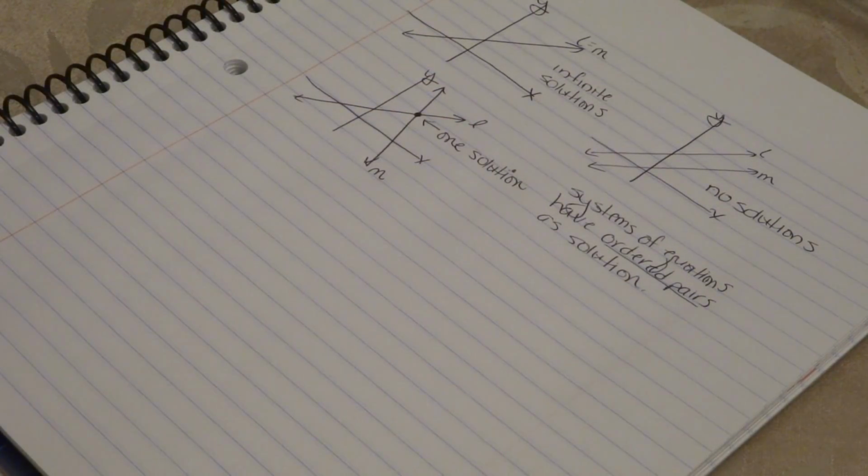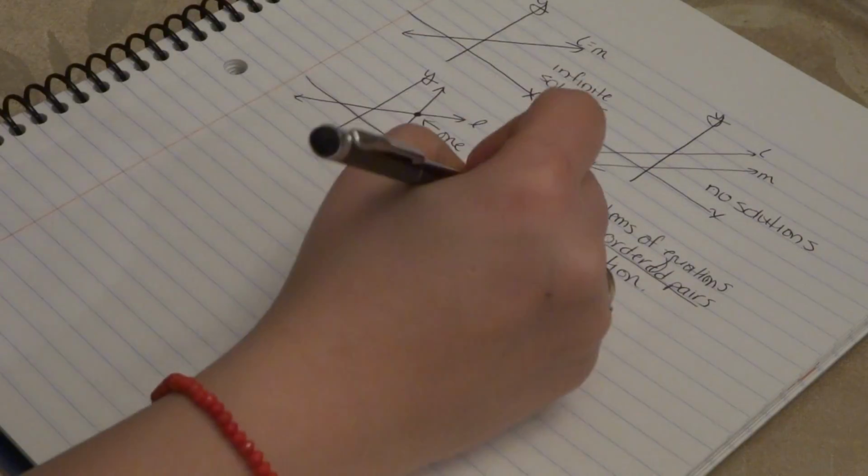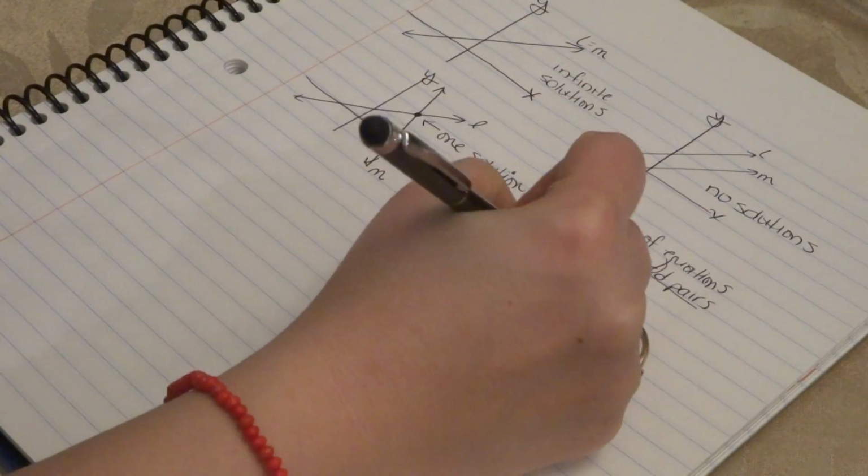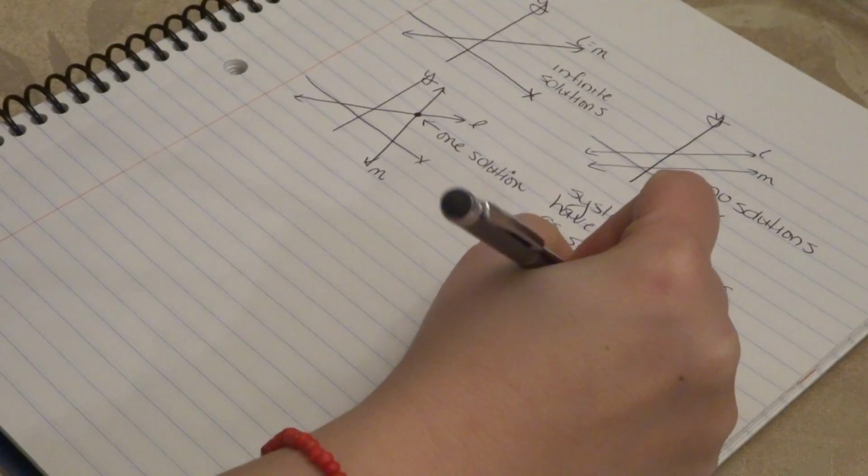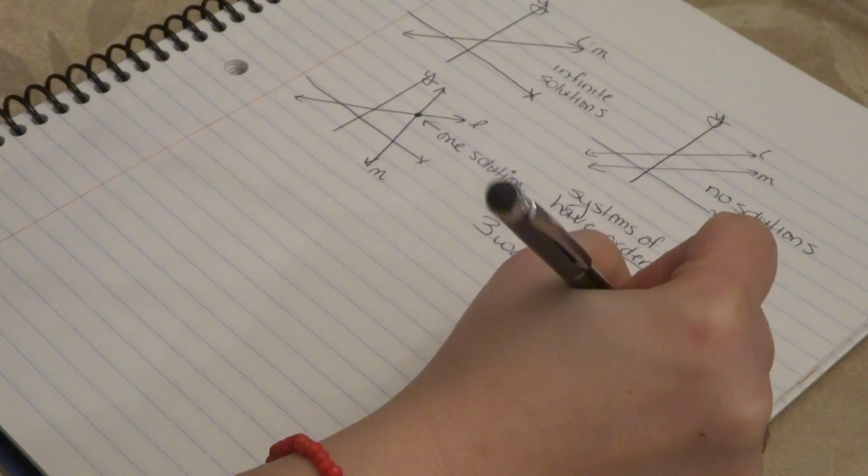You basically have three ways that you could solve systems of equations.